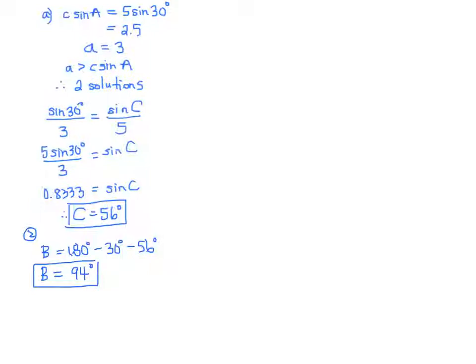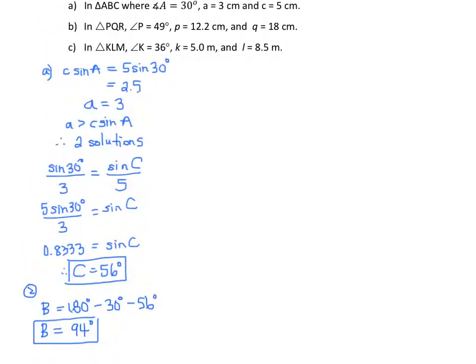Now I wasn't asked to find the measure of angle B, but I needed to, because I was asked to find the length of side B. And in order to use the sine law to do that, I need to know the measure of angle B. So let's go ahead and use the sine law to find the measure of side B.